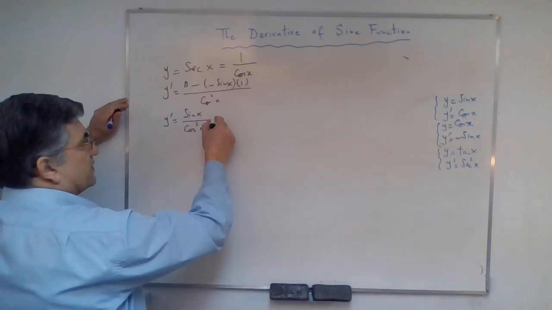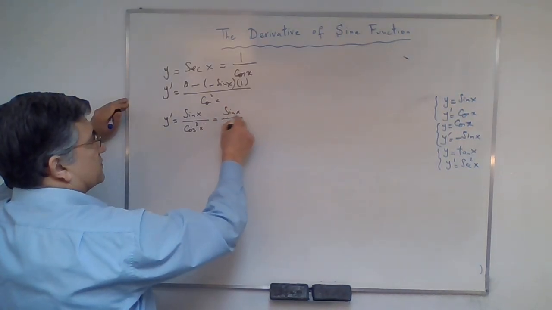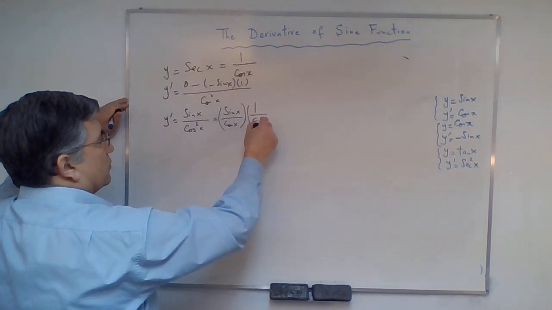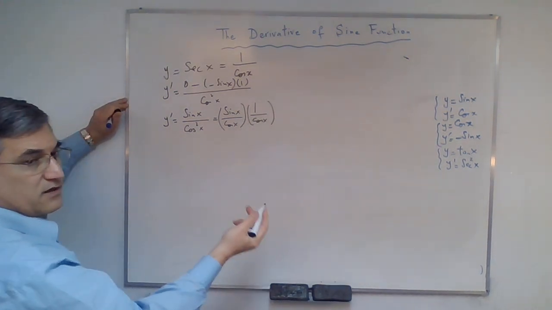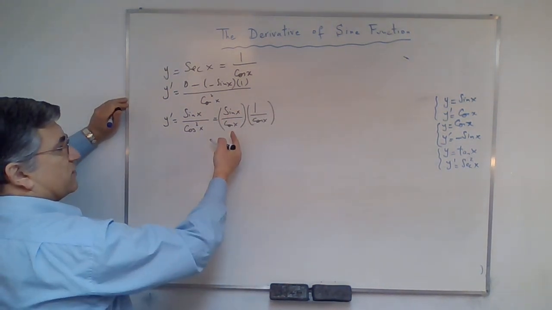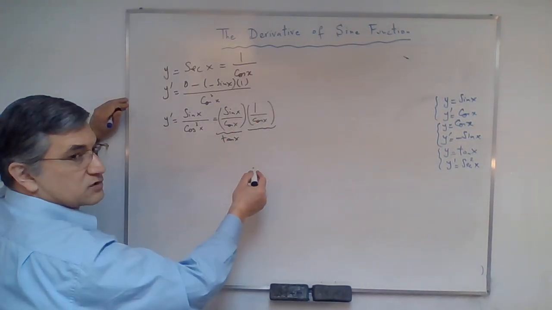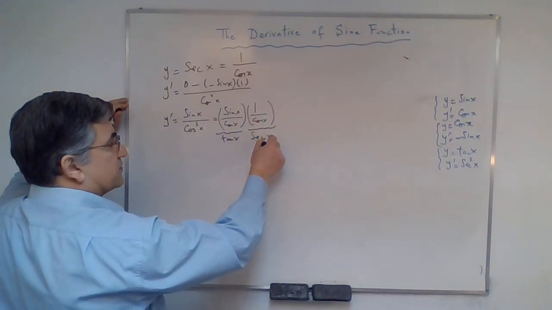I can rewrite this in the form of sine x over cos x, and then times 1 over cos of x. Can't I? I can. But now, sine over cos is tangent of x, and 1 over cos, the reciprocal of the cosine function, is the secant function, right?